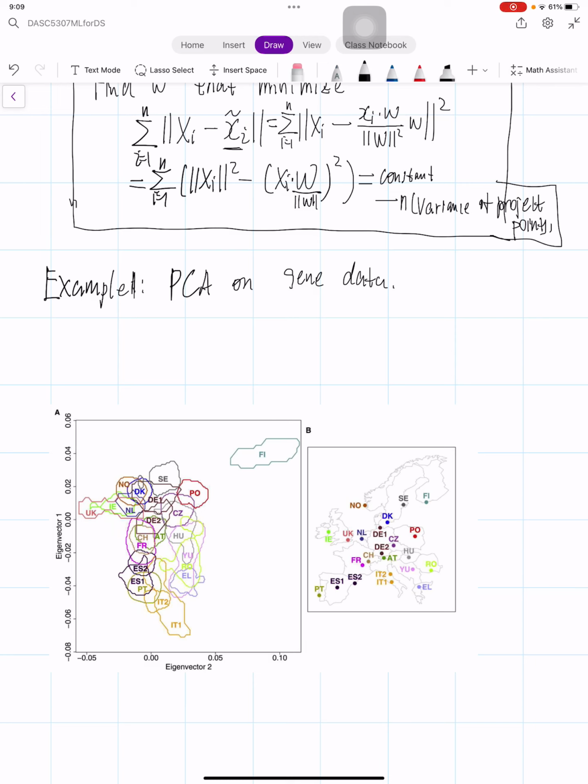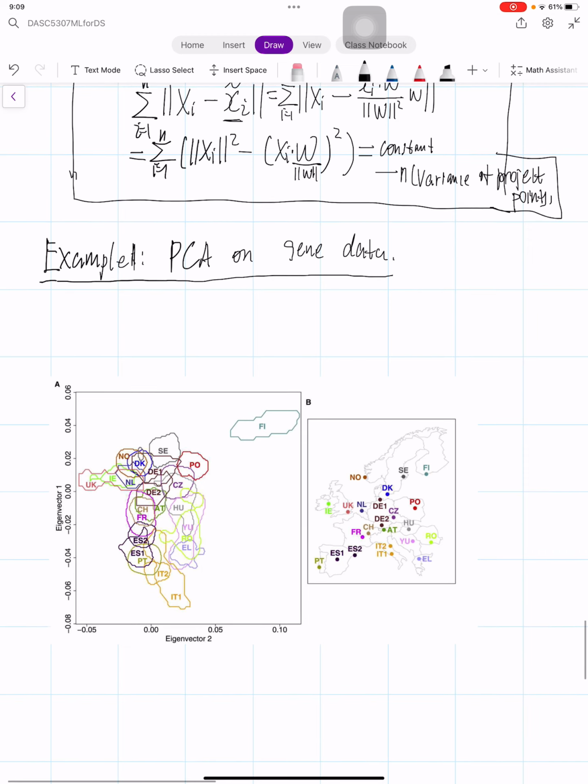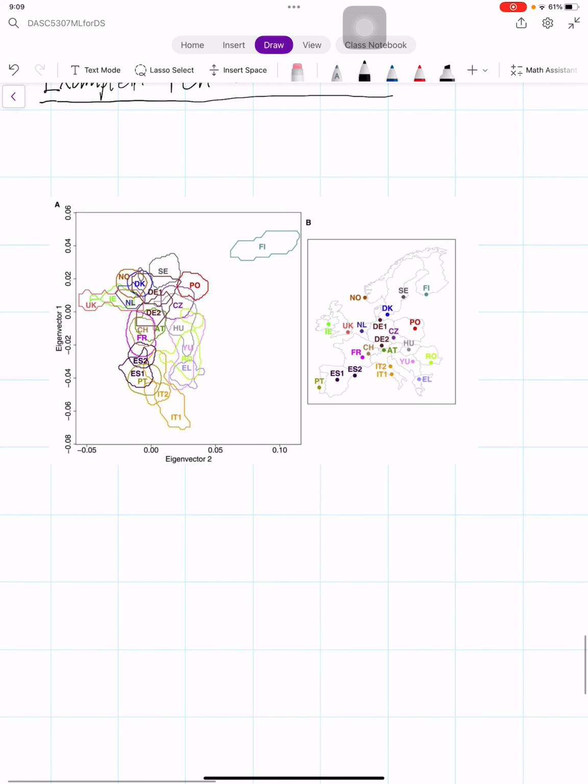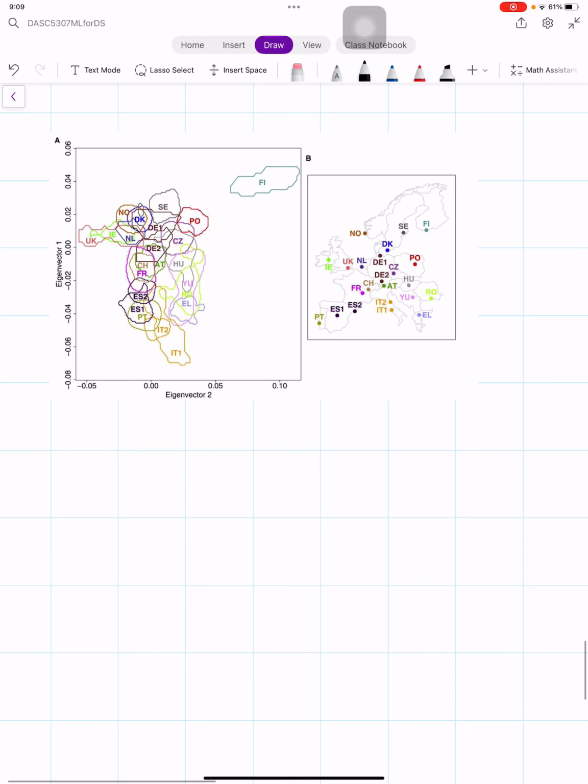Okay, so in this video, I just want to show you two examples where we can apply the principal component analysis. First one is the gene data. So this first plot shows the first two principal components on the SNP data.